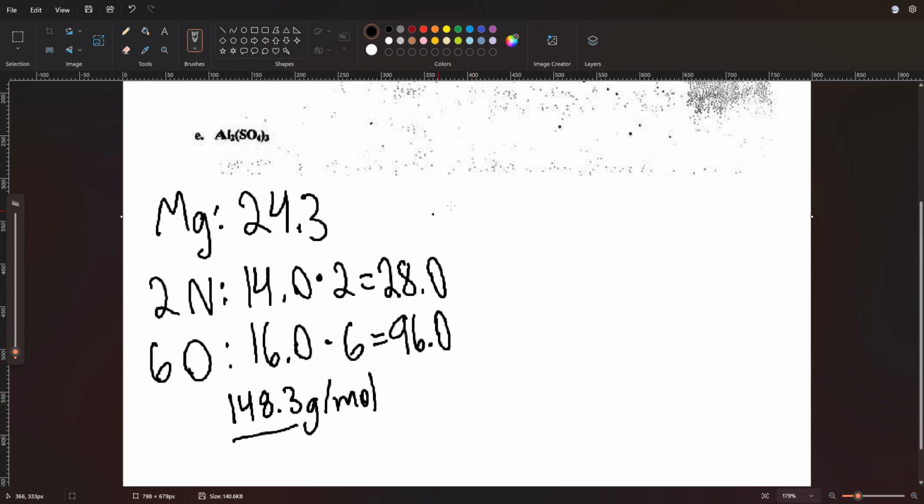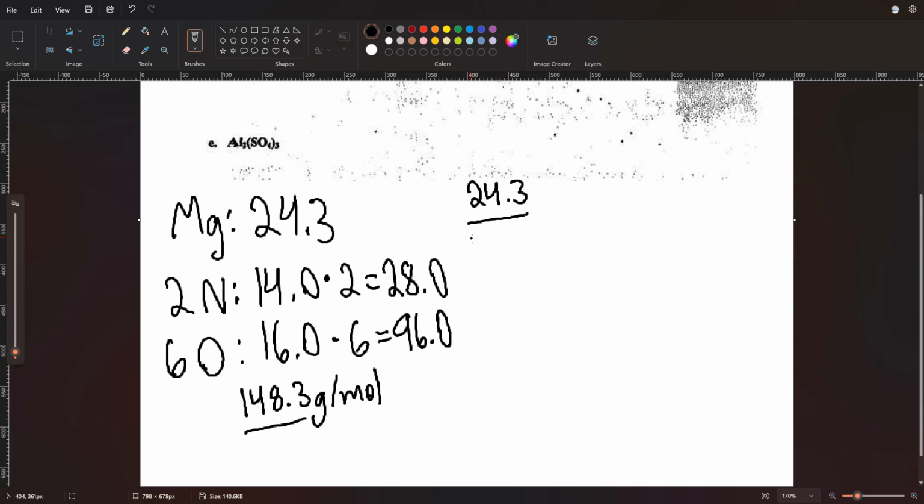In order to find the percentage, we're going to take, for example, magnesium. We're going to write its atomic mass, divide it by the total mass, so that's going to be 24.3 divided by 148.3, and then we're going to times that by 100 to get our percentage.